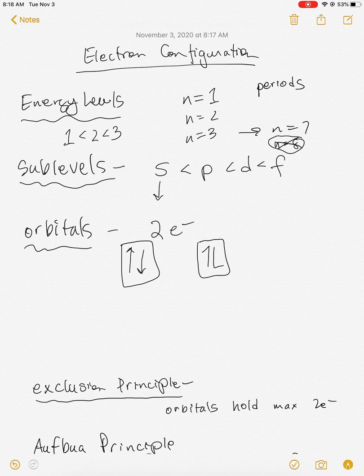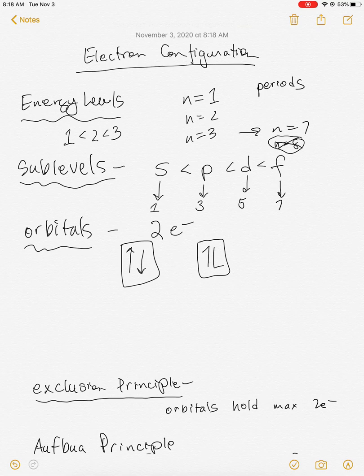Let's talk about how many orbitals each sublevel has. S contains only 1 orbital. Don't forget, it holds 2 electrons. P holds 3 orbitals. Each one holds 2 electrons, so that's 6. D holds 5 orbitals, and so that's 10 electrons. And F holds 7 orbitals, meaning a total of 14.